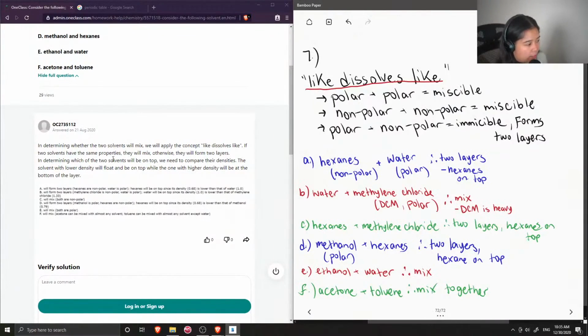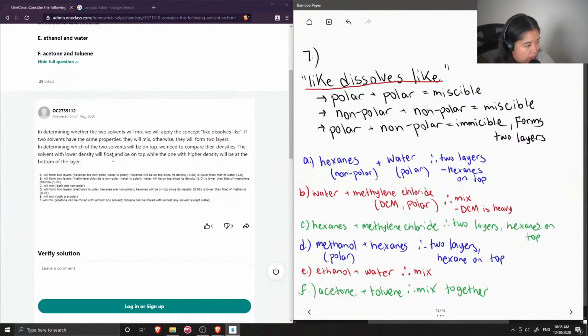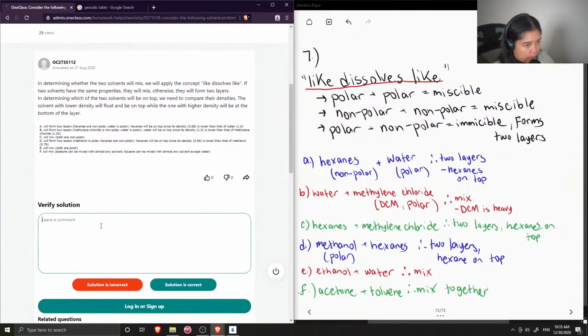So A, hexanes are nonpolar, water's polar, so they will form two layers, and hexane will be on top. And they also included the density as well. B, they said will form two layers. I'm just going to add a note that this explanation is correct.